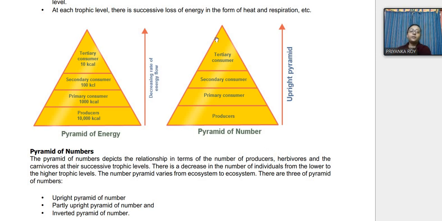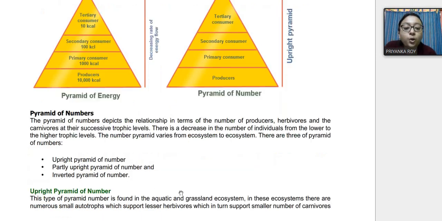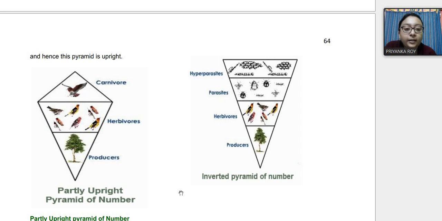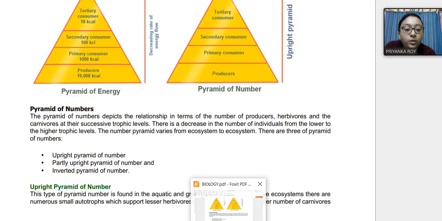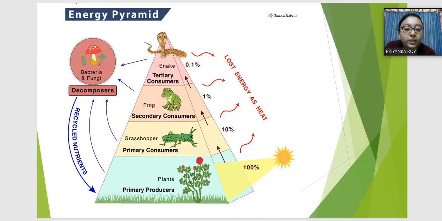There you can see that the lowest level is producers and the highest level is the tertiary consumers. It's quite obvious that in an ecosystem where the lowest level is the plants or the green grasses, the number of plants will always be higher than any kind of consumers.